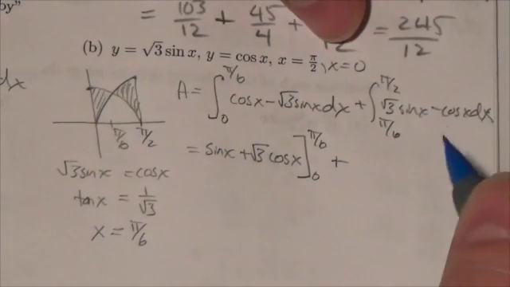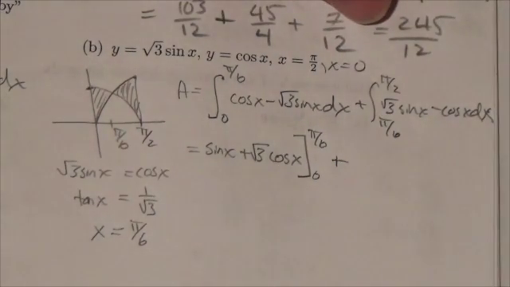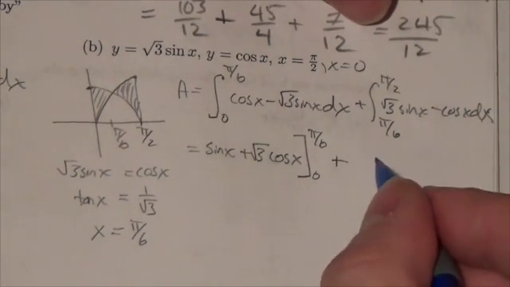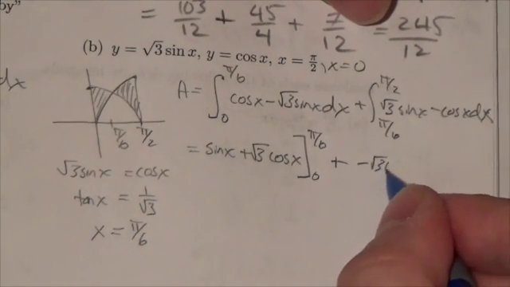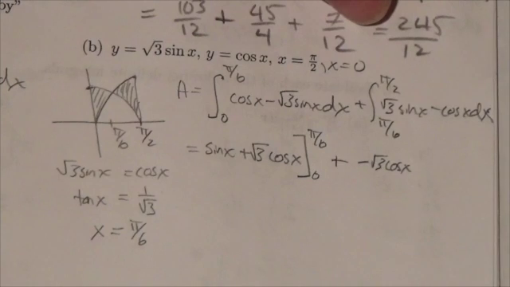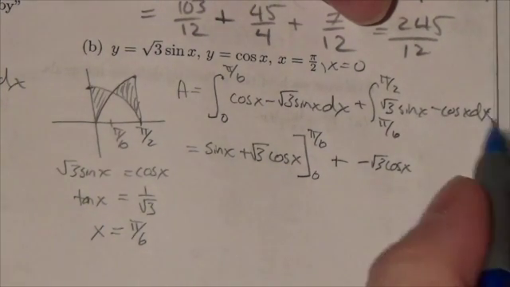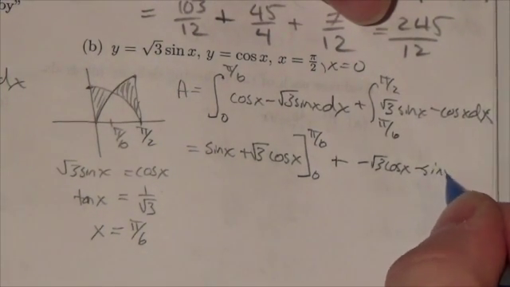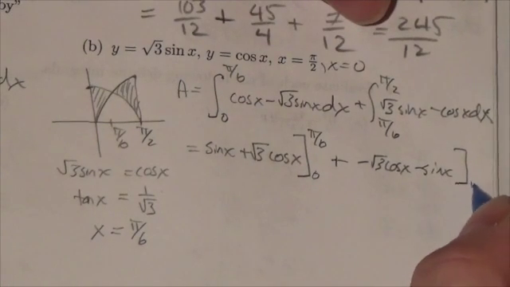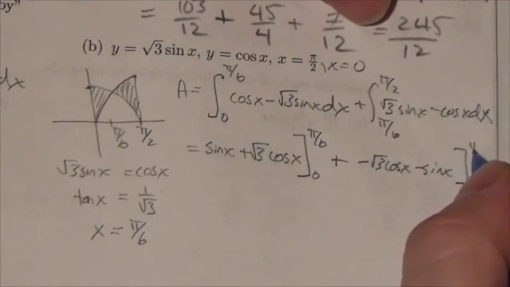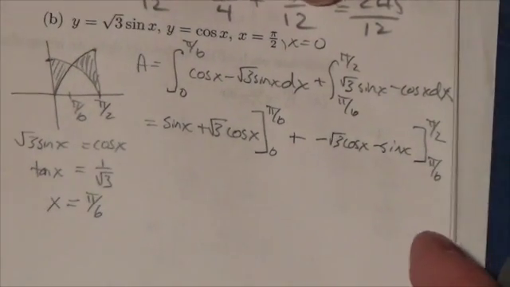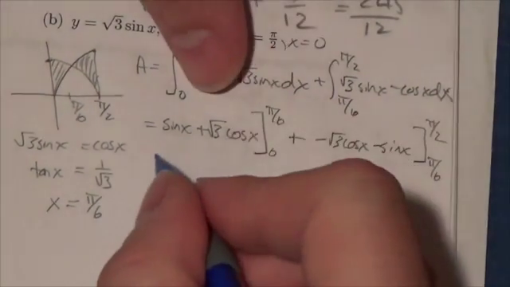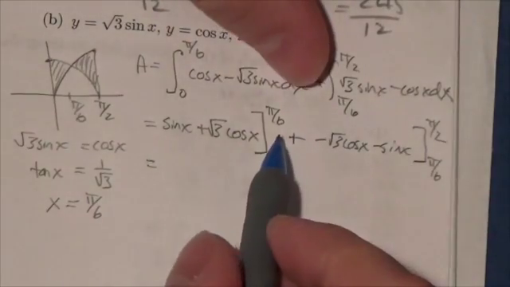And we will add to that the integral of root 3 sine of x, which is going to be negative root 3 cosine of x. And the integral of negative cosine of x will be the negative sine of x, evaluated between pi over 6 and pi over 2. Okay, so a lot going on there. That's okay. We're good. So now we just start plugging stuff in.